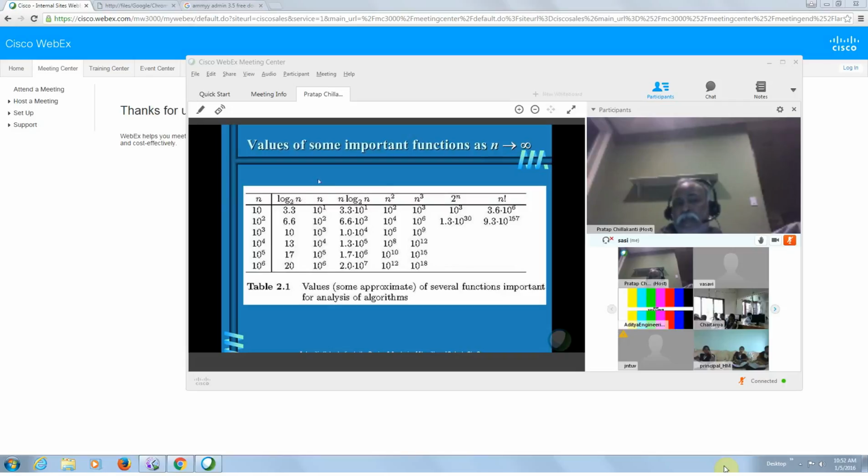You can see the time it takes compared to the n value. So you want to go from left to right. Log 2n algorithms are better than n algorithms. Similarly, they are better than n log 2n and so on.